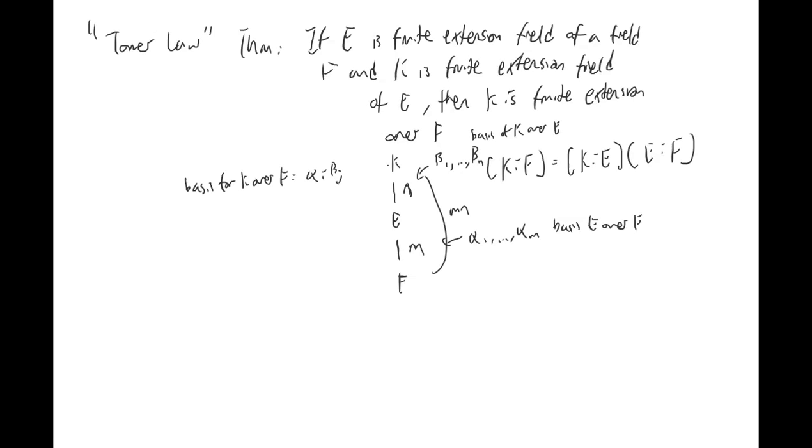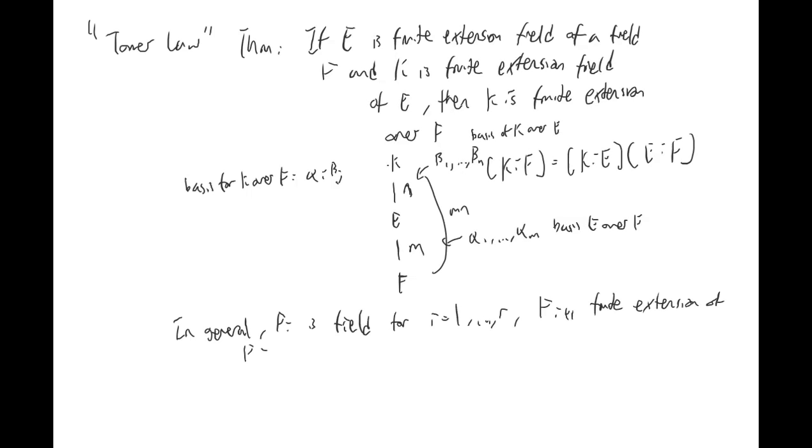You could use induction and prove in general that if Fi is a field for i equals 1 to r, and Fi plus 1 is a finite extension of Fi, then Fr is a finite extension of F1.